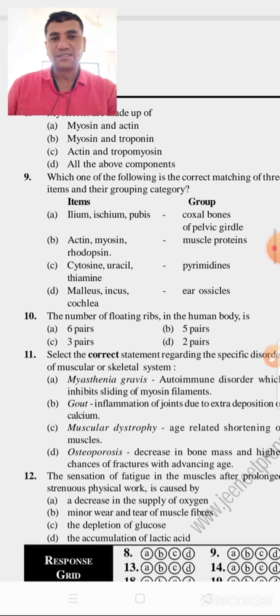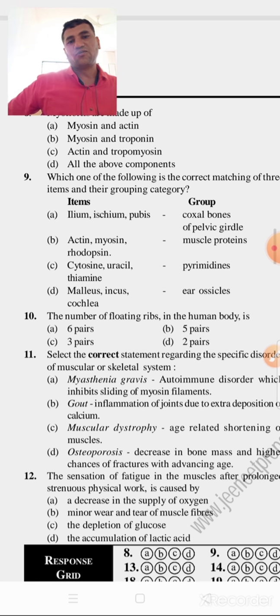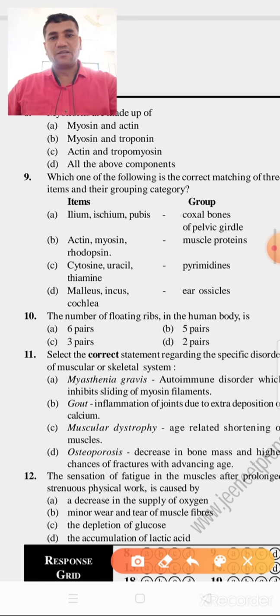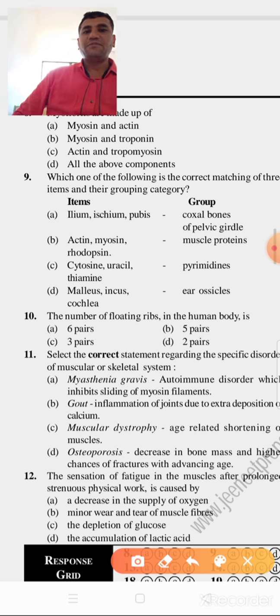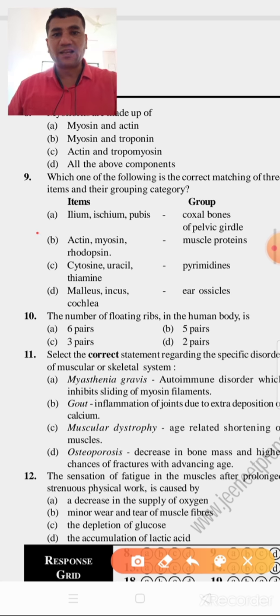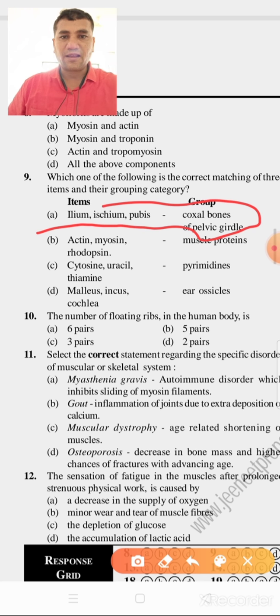Malleus, incus, stapes would be correct, but malleus and incus are bones and cochlea is the hearing part, so that is also wrong. Only option A, ilium, ischium and pubis, is the right answer, and they are concerned with the pelvic bone.